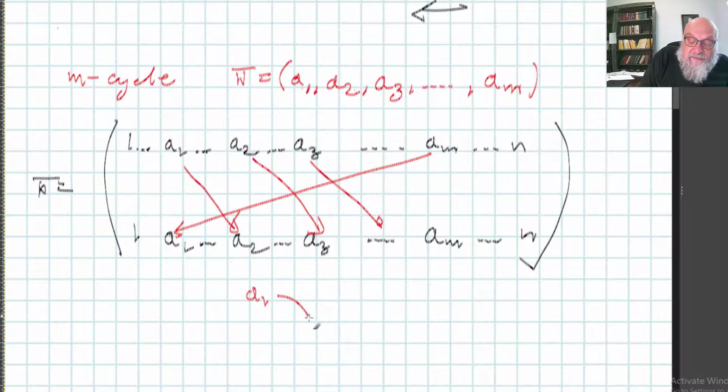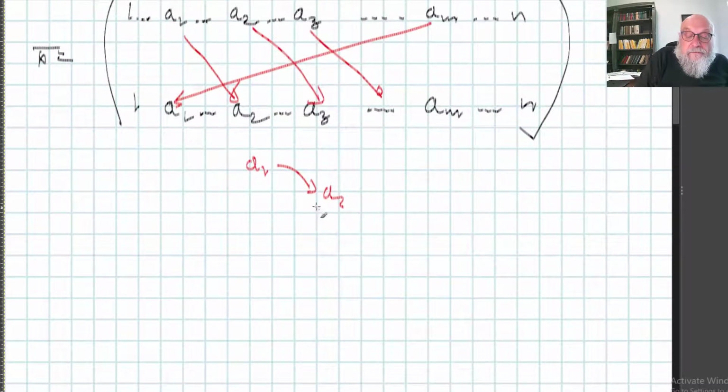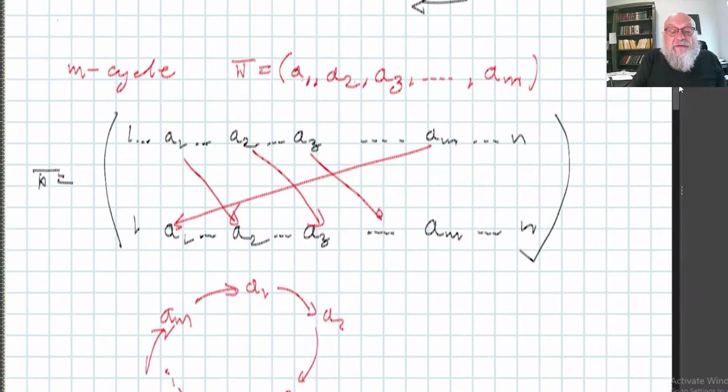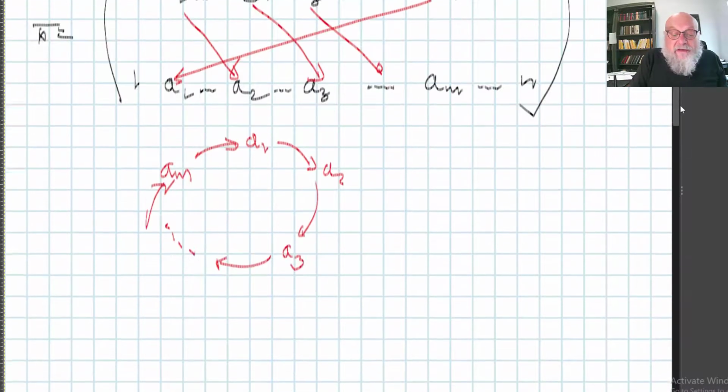So you have A1, it's moved to A2, and A2 is moved to A3, and so on. Eventually you arrive at the last one, and the last one is moved back to A1. So that's why we call it a cycle. So this, of course, will be denoted by that symbol.